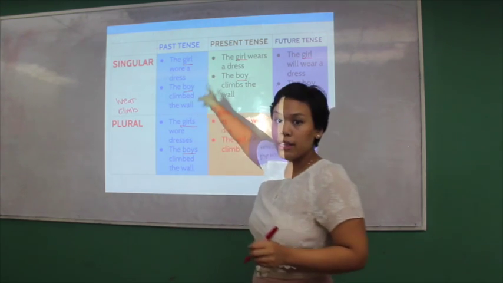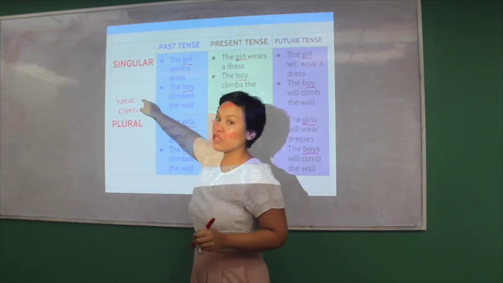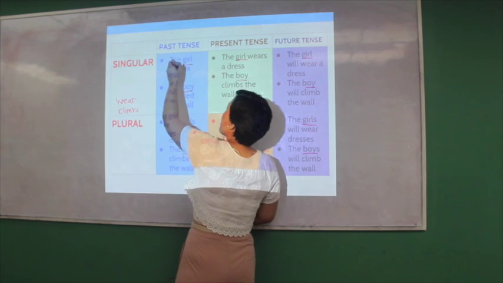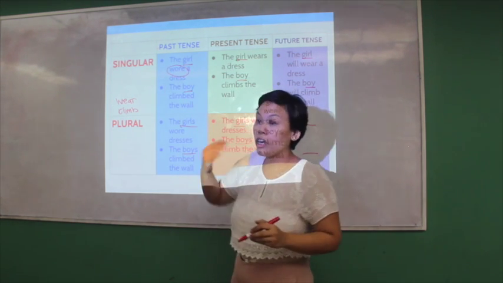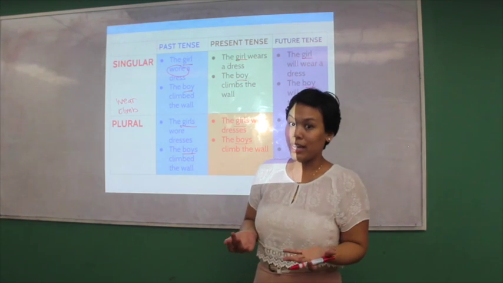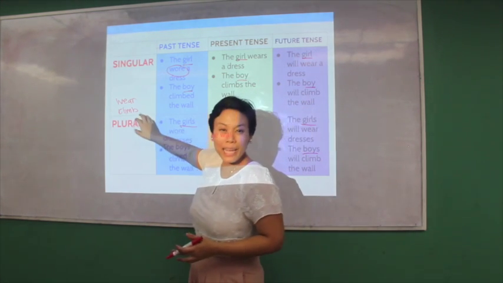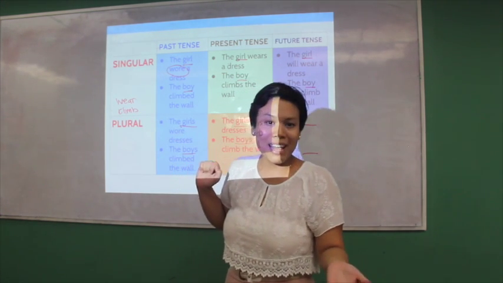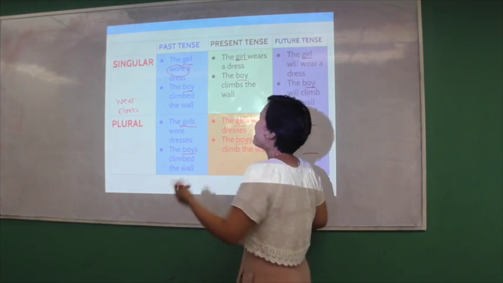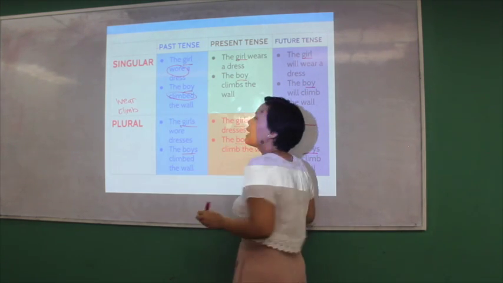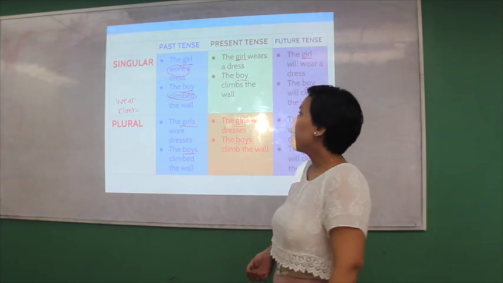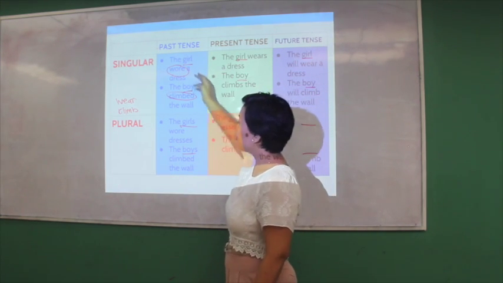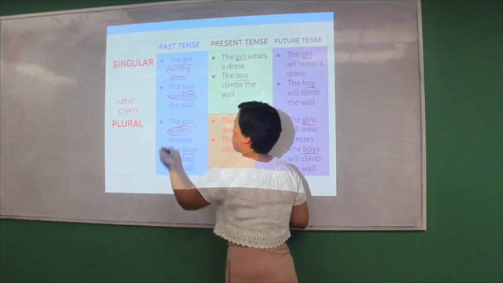If it happens in the past, remember we changed this to past tense, so that is the word wore. The girl wore a dress yesterday. Whereas for climb, what is the past tense of climb? Climbed, right? So we say that the boy climbed the wall last week.